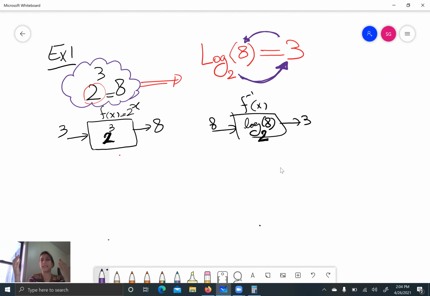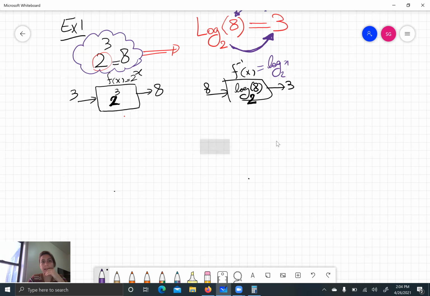And just keep in mind that these two are inverse functions. So the original function is 2 to the x, and here the inverse function is log of x to the base 2.